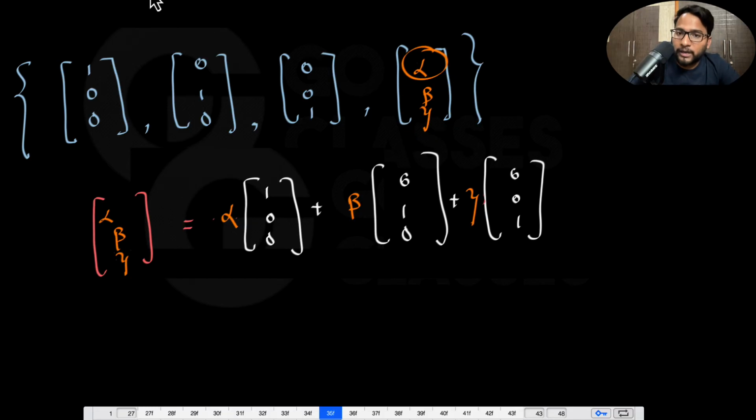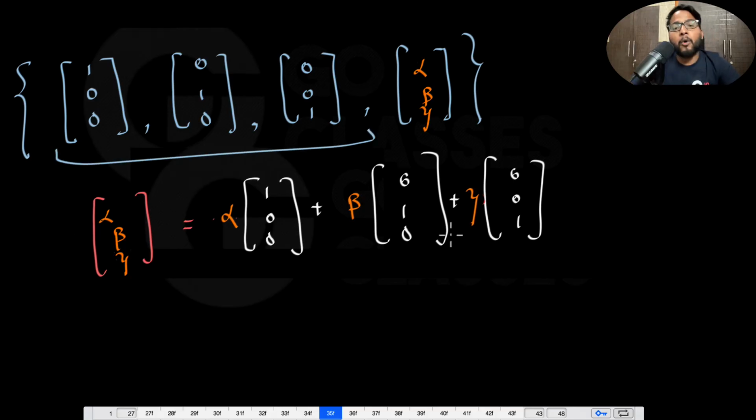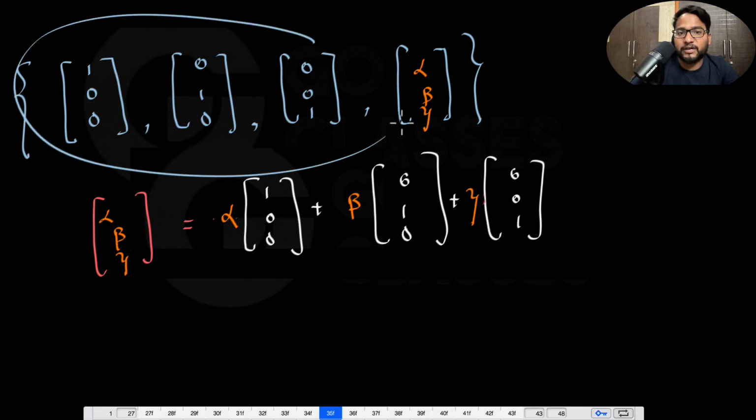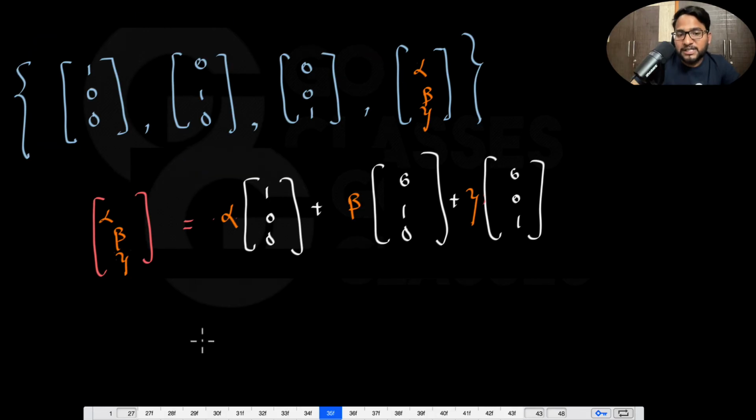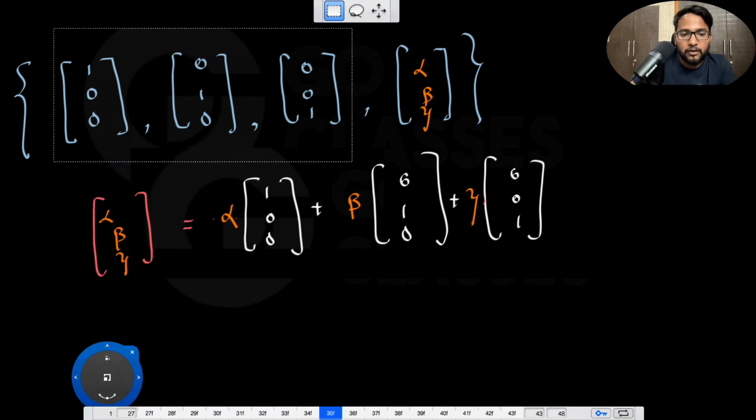So basically, these 3 vectors are powerful enough to fill the space of R3. You give me any vector, I can represent it as a linear combination of these 3 vectors. Now, let me go to the next page.